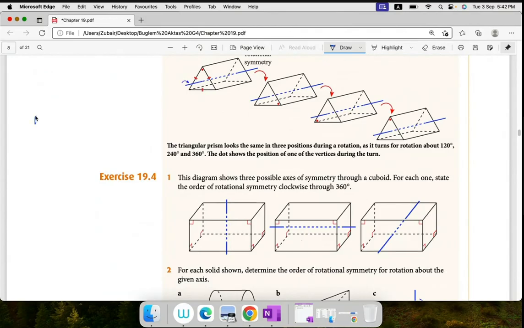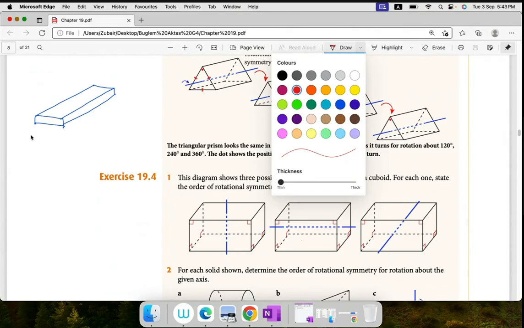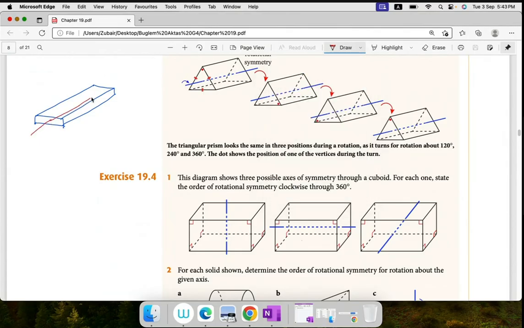For example, if I just draw this 3D image, will you agree that I enter this center point and leave this center point? This axis could be the axis of rotation. This red one, will you agree? So it's basically a point where you can move the shape and it will look the same. Yes.